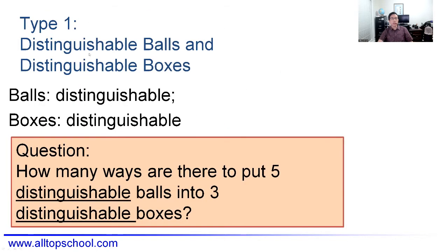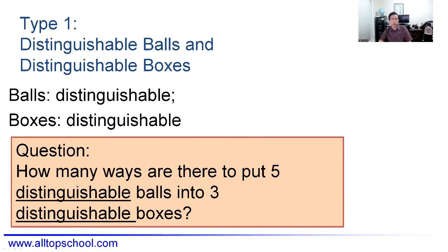Distinguishable balls put into distinguishable boxes. The question looks like this. How many ways are there to put 5 distinguishable balls into 3 distinguishable boxes?